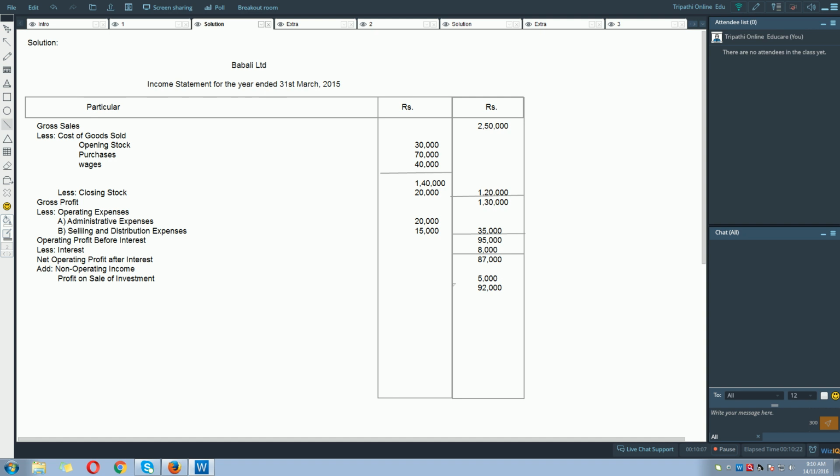Then we'll take the total of both, so it will be 92,000.